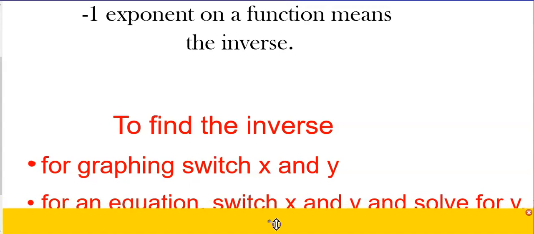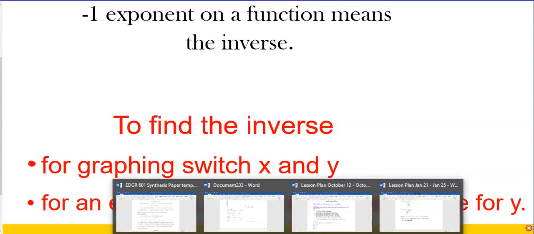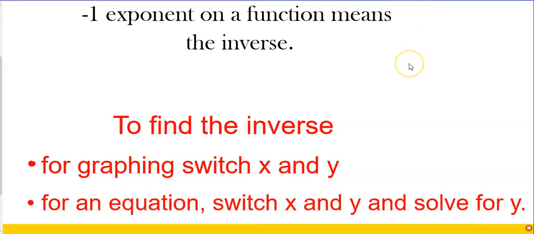The other one is, if we have an equation, we switch x and y, and then we solve for y. All right, that is our preliminary information. Now we're going to go to example 1 and talk about actually finding inverses when it comes to graphs and equations they give us. All right, here we go.